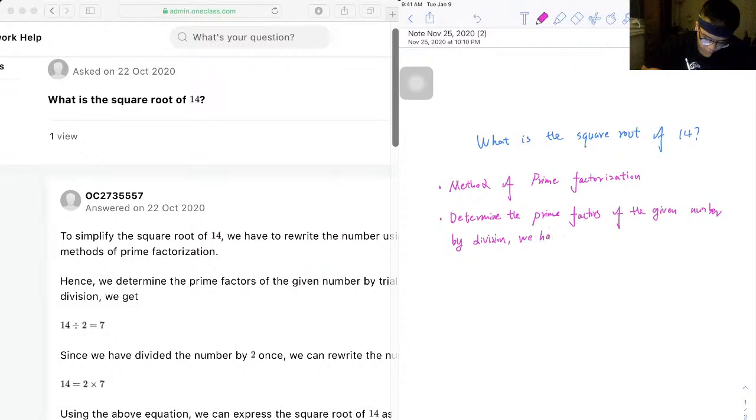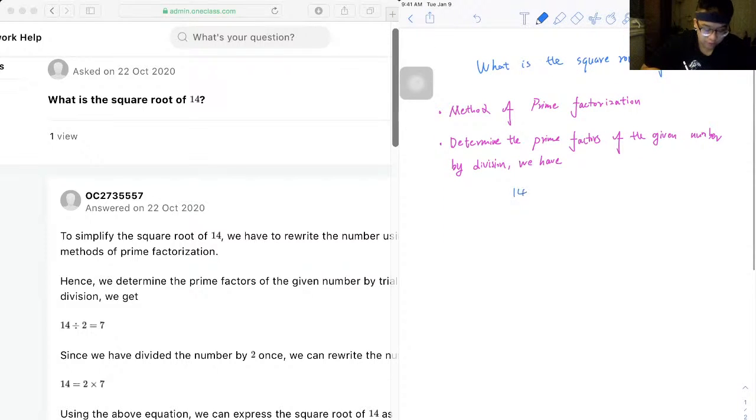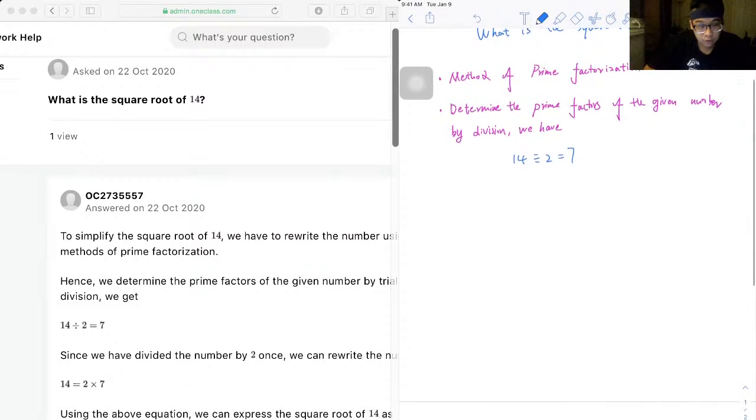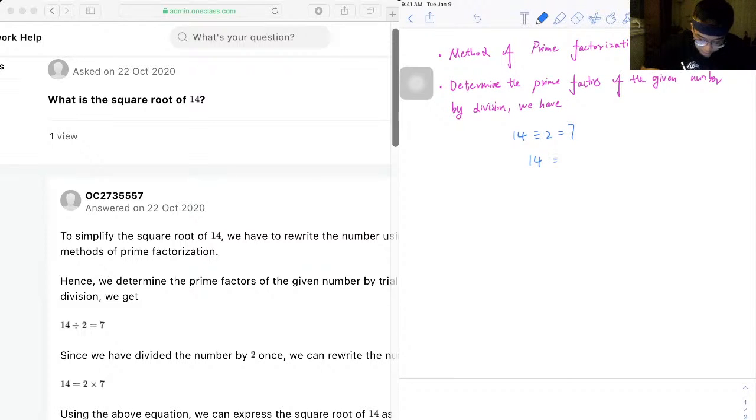So we will have 14 divided by 2 is equal to 7. And so if we want to move 2 to the other side, it will be 14 is equal to 2 times 7.